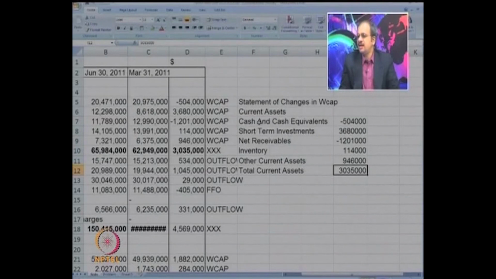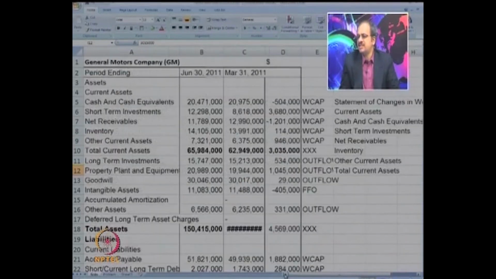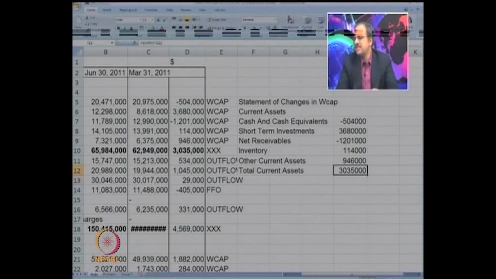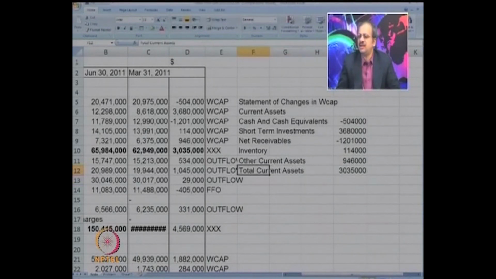So you can see that cash has actually gone down, short term loans have increased, etc. So you see that there is a net position of, we'll just take the total. So this is a total increase in the current assets.